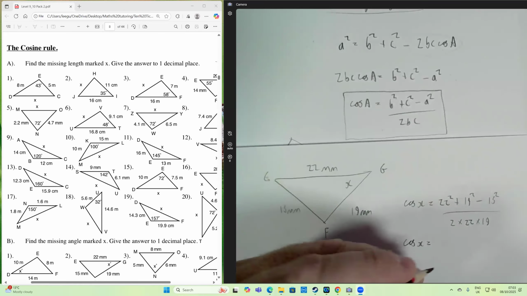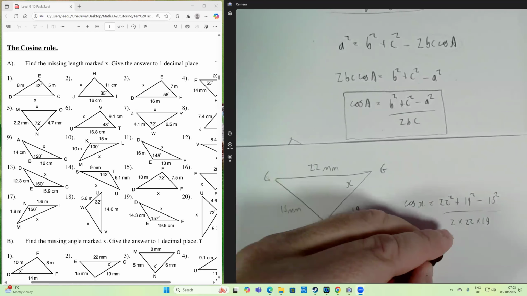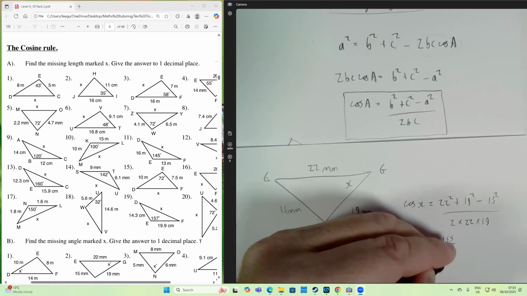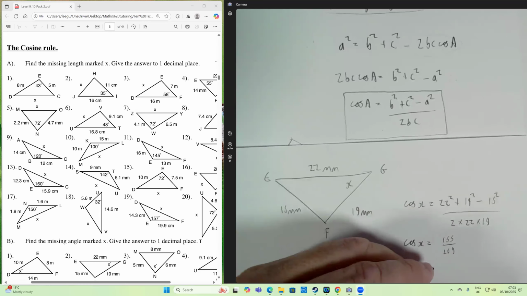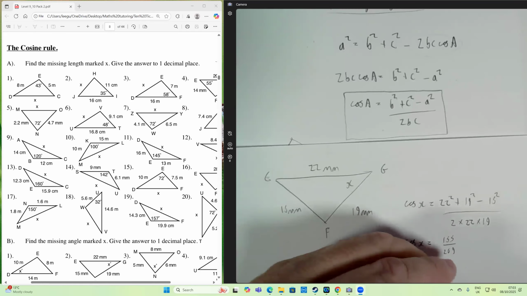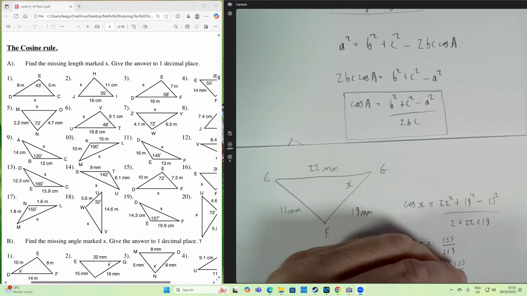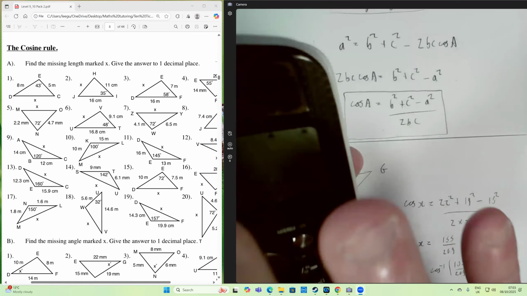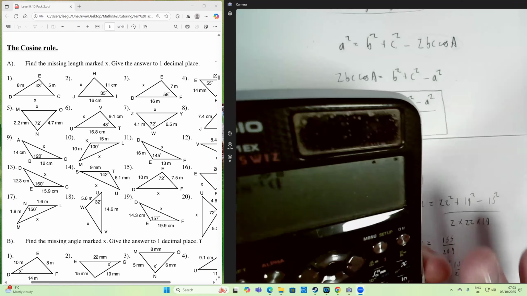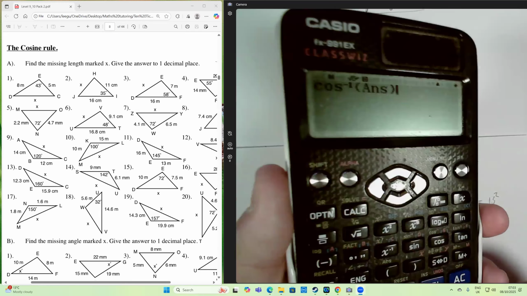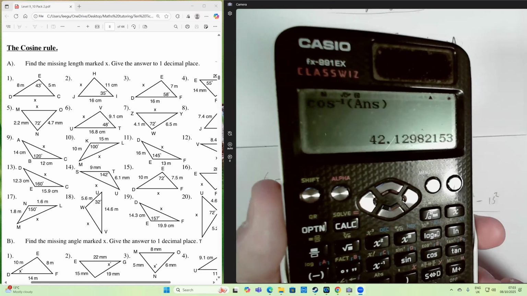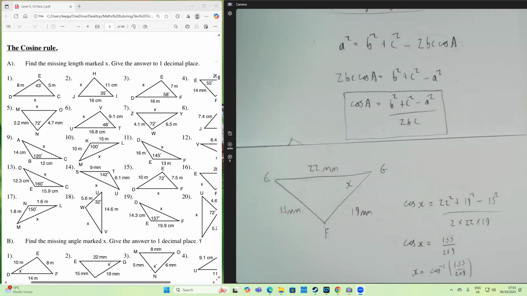That gives us 155 over 209. So therefore x is going to equal the inverse cos of 155 over 209. So we're going to do inverse cosine of answer, close bracket, and that gives us 42.1 as our answer for that second one.